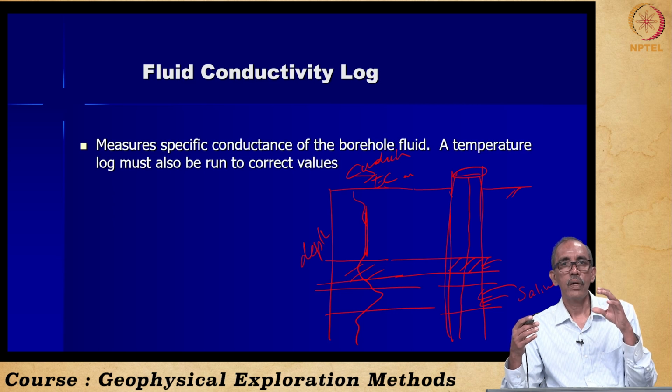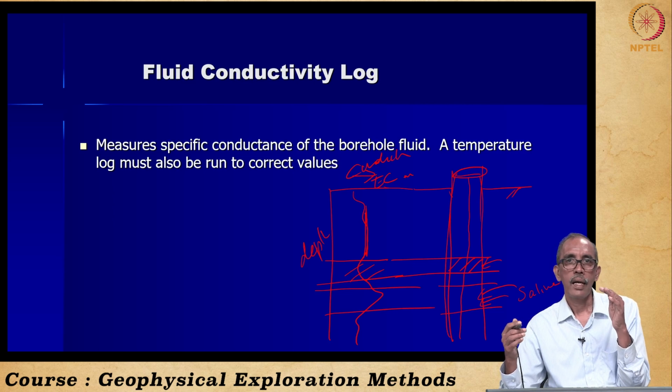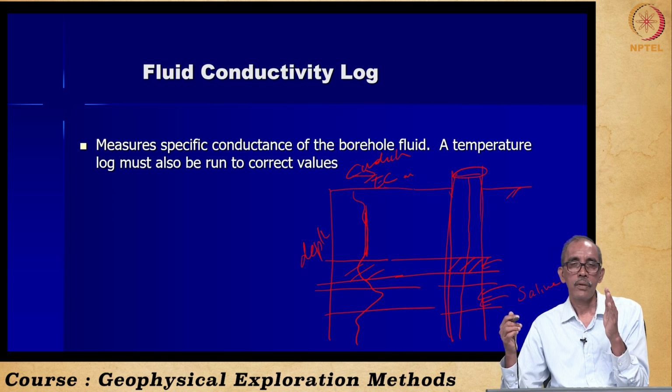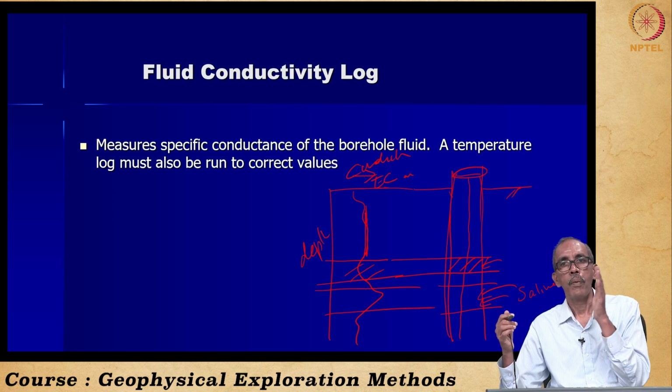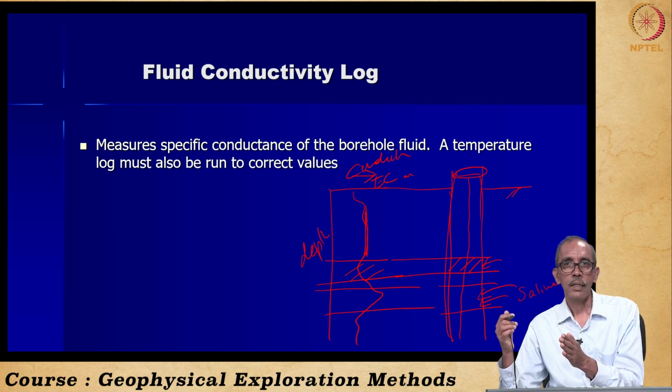Water will become a very good conductor when it has more salinity. Fresh groundwater will have comparatively lower conductivity. With reference to that, saline water will have much more conducting capacity.